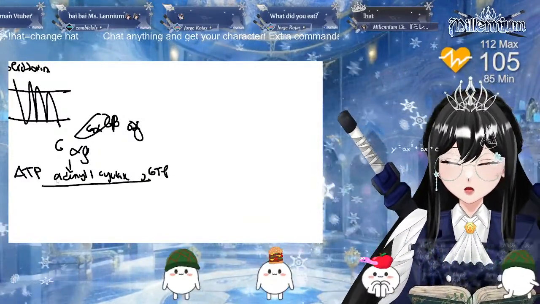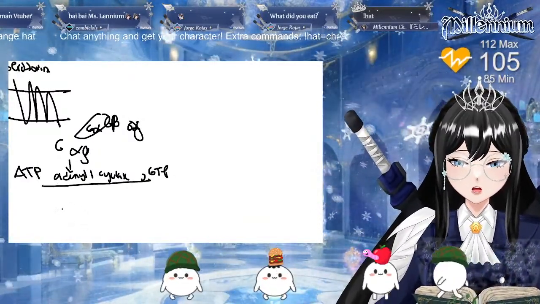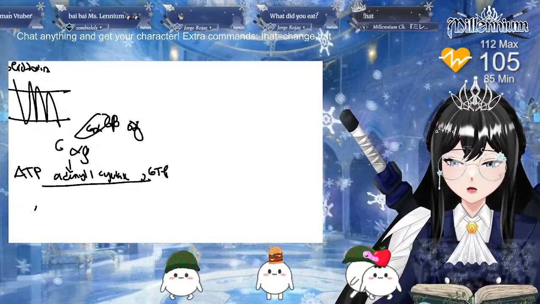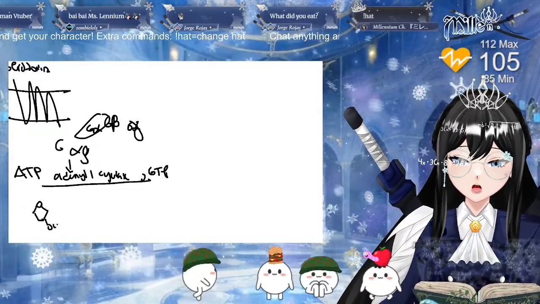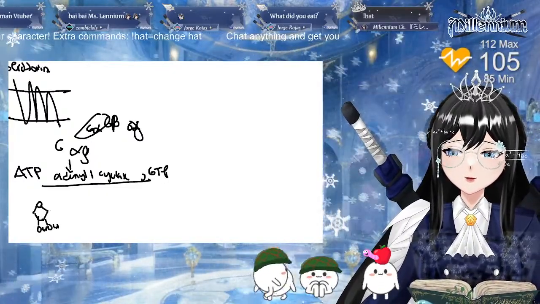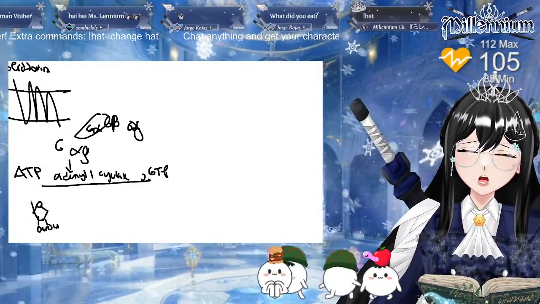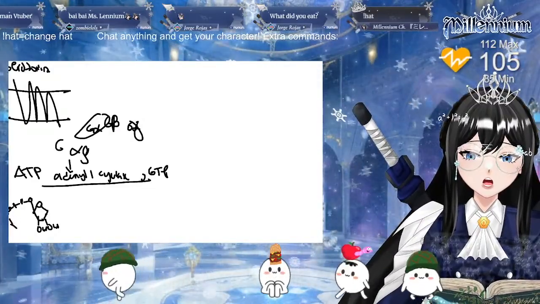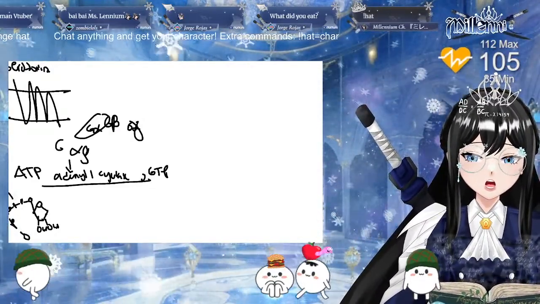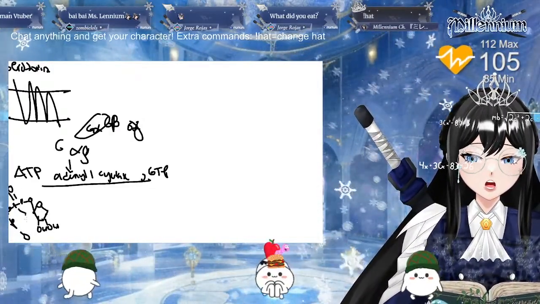cAMP. Note the way it does that is ATP looks like this, right? Kind of like that. OH, OH. This one is O, this one P, O, P, and then O at the phosphates, kind of like that.